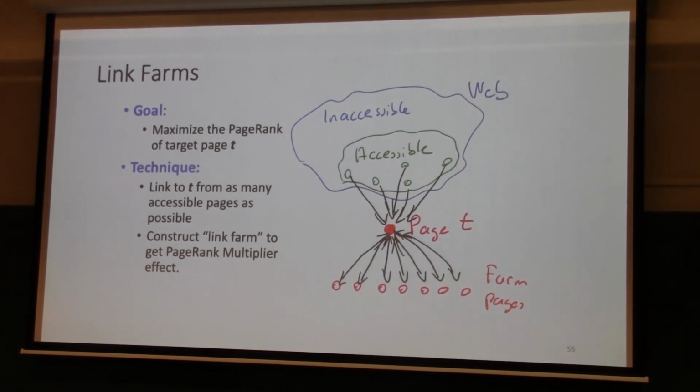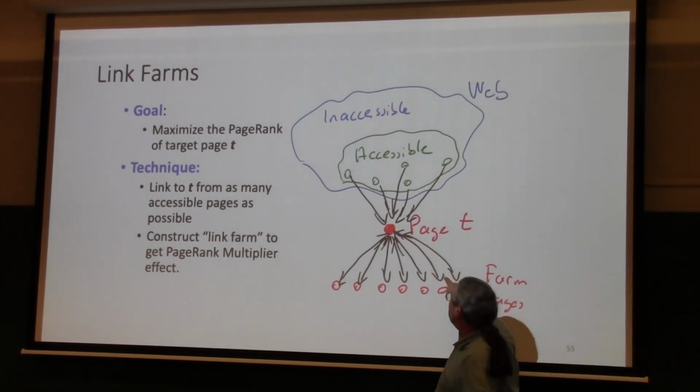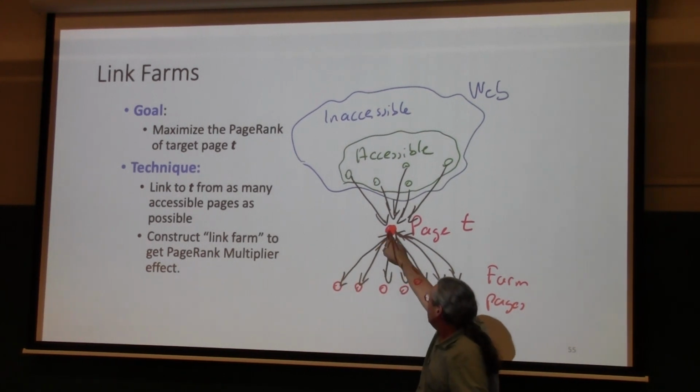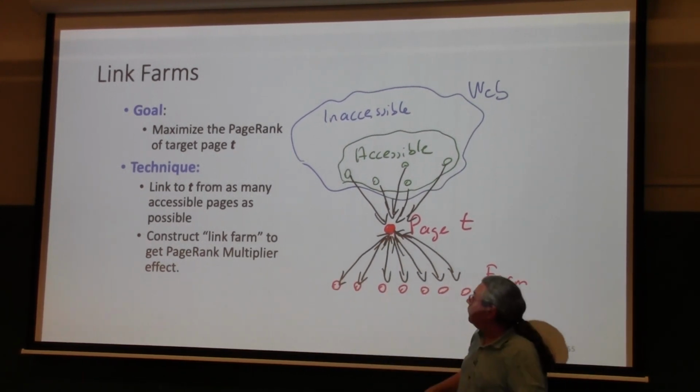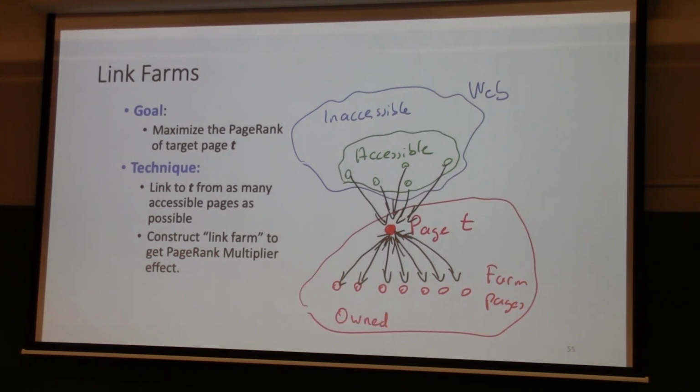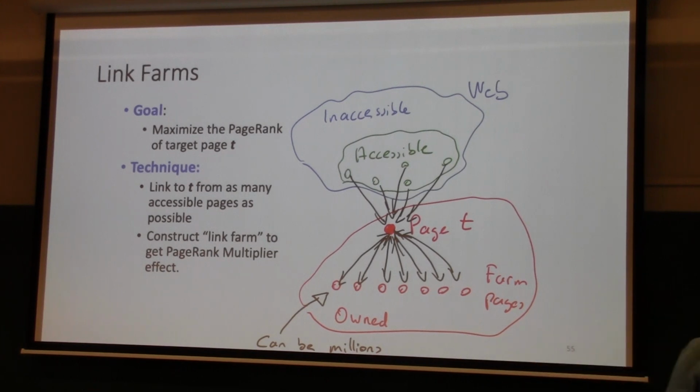And the link farm pages will all point to T. And T points back to them. So this seems kind of weird, huh? All these pages are going to point to T, and on T I make a link back to them. And that's called the link farm. These red pages are owned by me. Okay? So how does this work? This will actually improve my PageRank. Notice there can be many here, millions, but not billions.